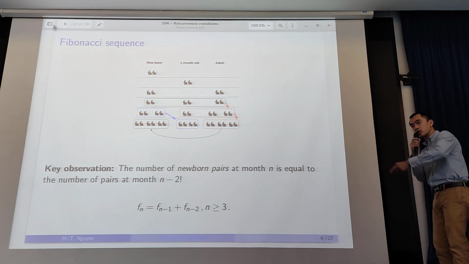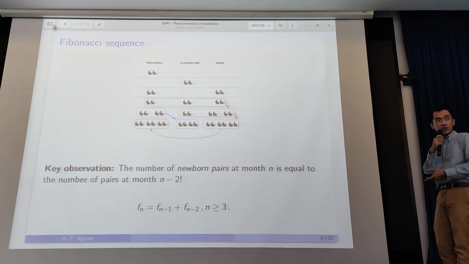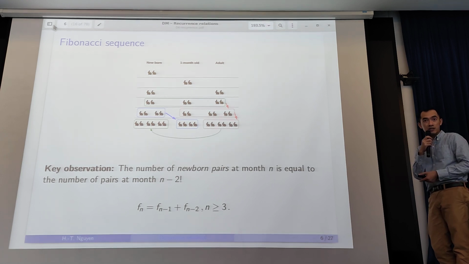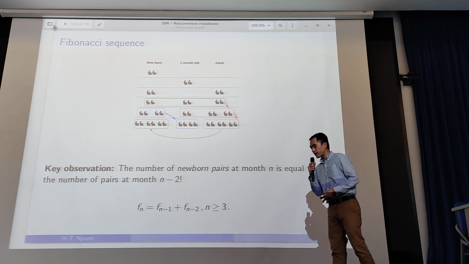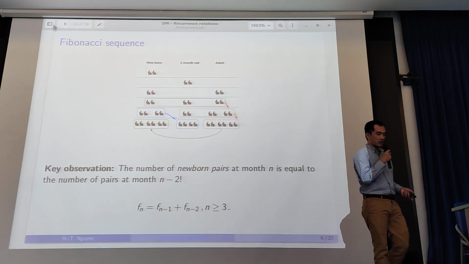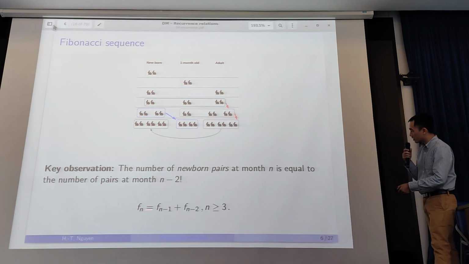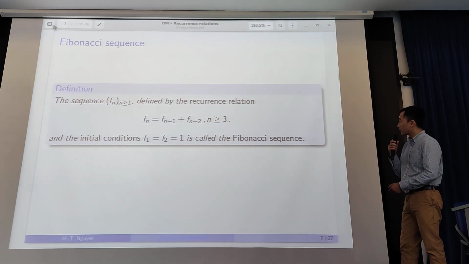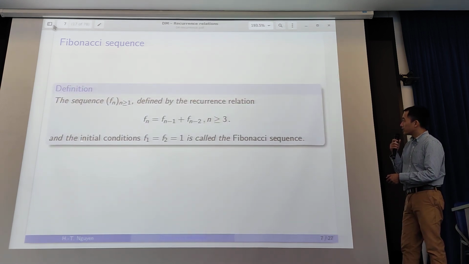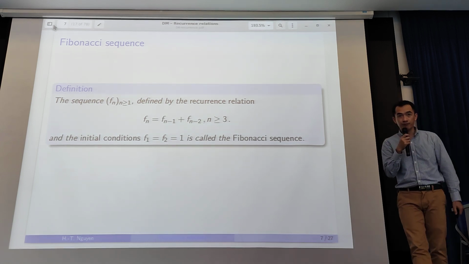So if you change the initial values, then you will have a different sequence. So in order to define a unique sequence, you need, in addition to a recurrence relation, what you call the initial conditions.